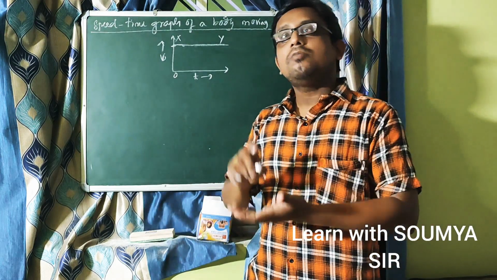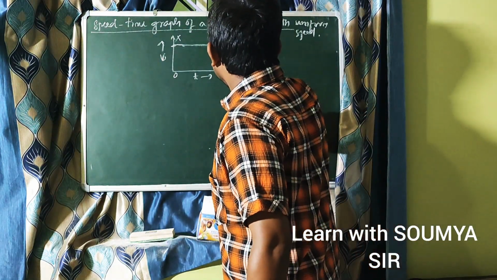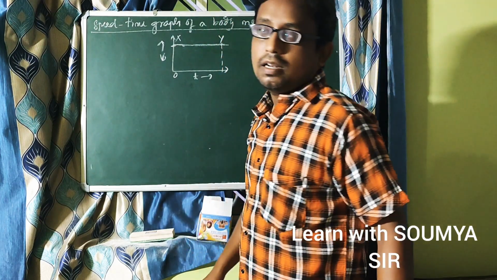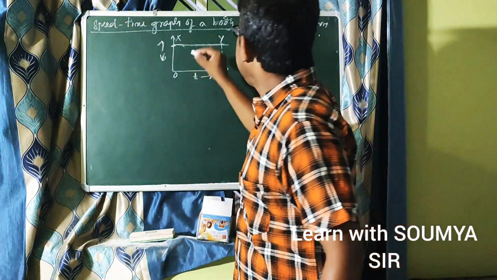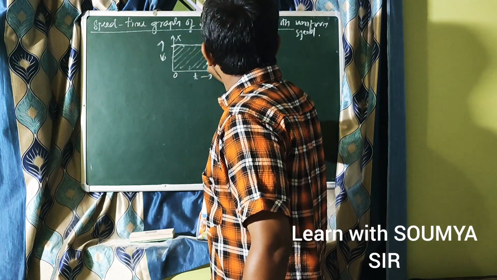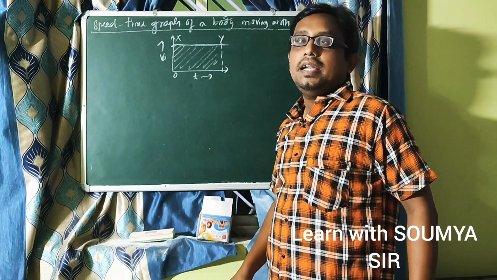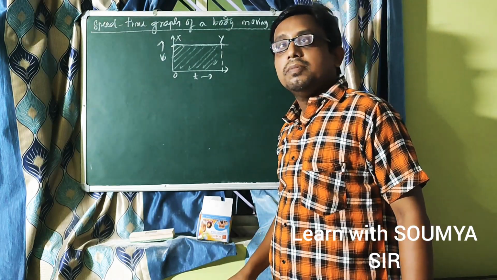Now, what can we get from this graph? If I join here, it is a rectangle, and if we find the area of this rectangle, or the area covered by the speed time graph, we can find the distance covered by the body.